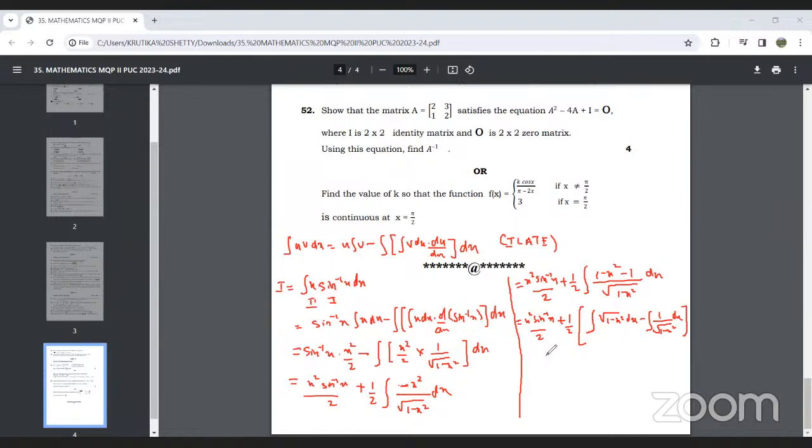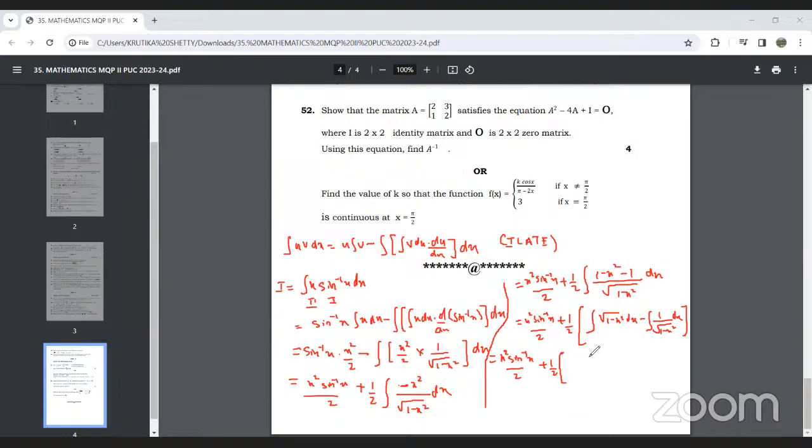We need to simplify it further now. Here the first term remains as it is, x square sine inverse x upon 2, and in the bracket 1 by 2.